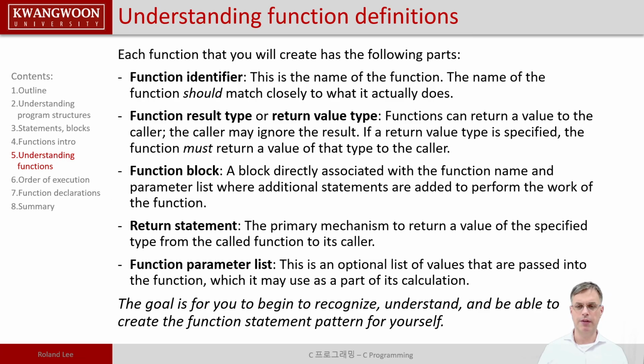Return statement. The primary mechanism to return a value of the specific type from the called function to its caller. The function parameter list is an optional list of values that are passed into the function, which it may use as part of its calculation.